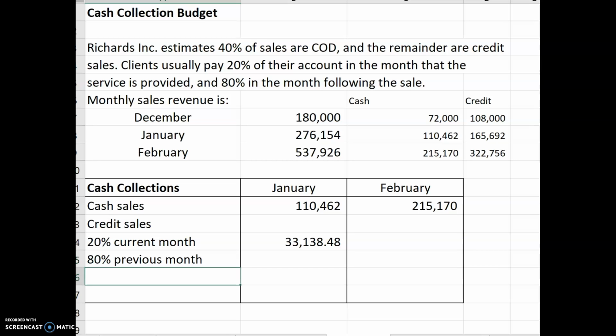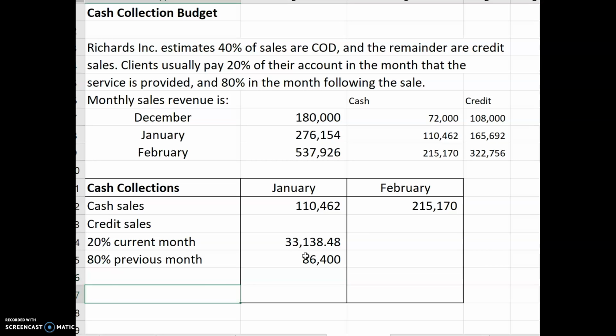Right? Because in December, we would have collected 20% of the December credit sales, and then the other 80% comes in January. So in January, we will be collecting 80% of December's credit sales. Okay.